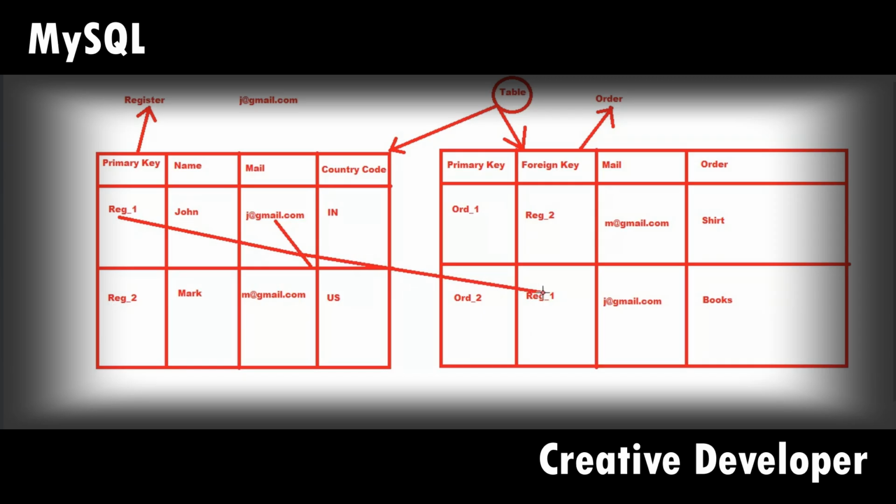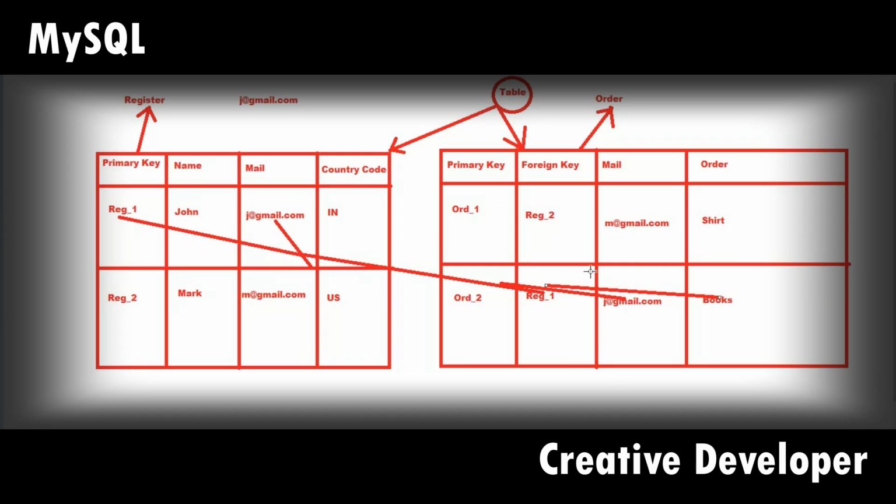So you can easily understand, if someone wants to see the details of this reg, the mail is j@gmail.com, and here the foreign key is reg, and when the primary key and foreign key match, it will fetch this data. The order history is book. This is the way it works.